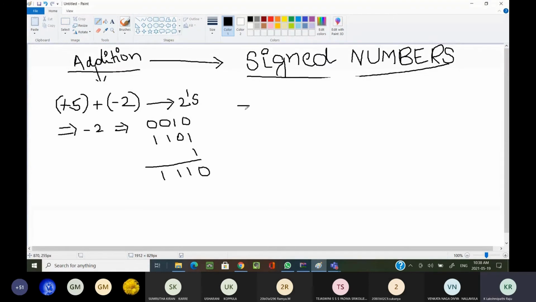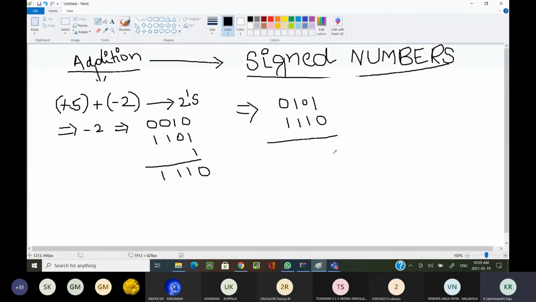Now, what is my +5? My +5 is 0 1 0 1. I am adding 1 1 1 0.